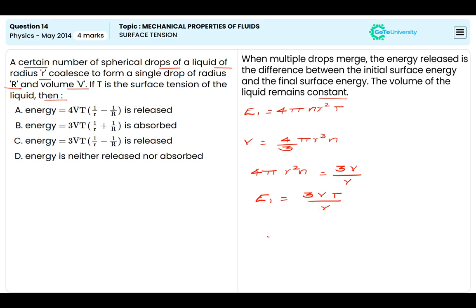Then E2, we can write, is the final energy.